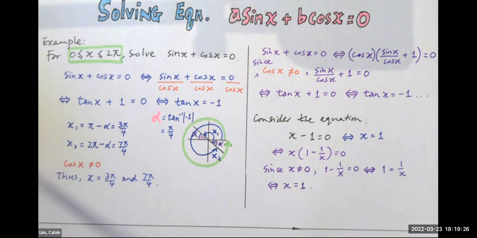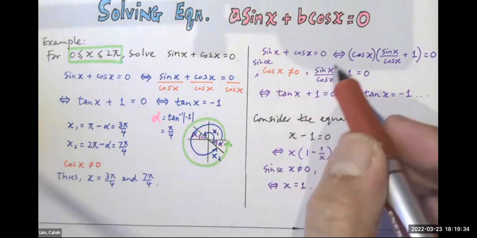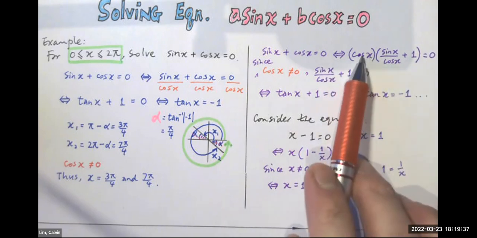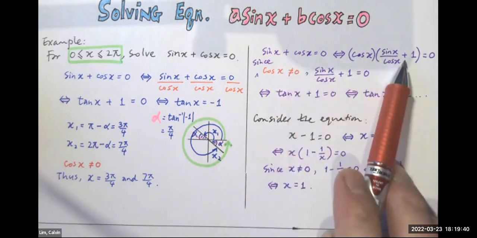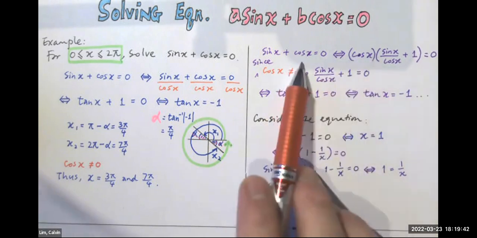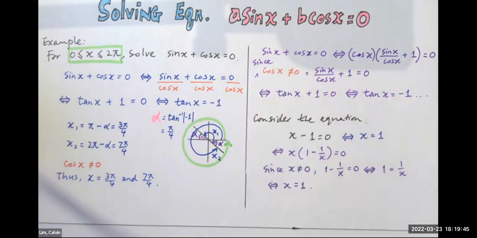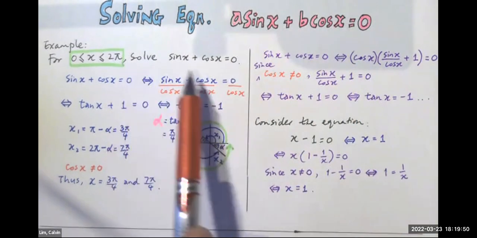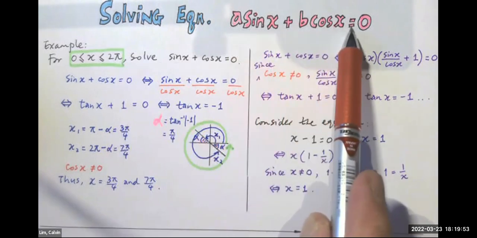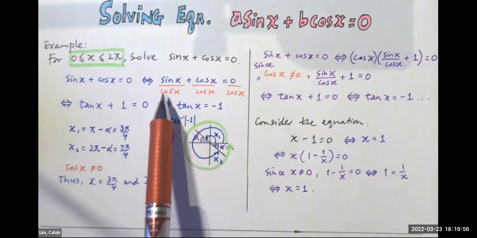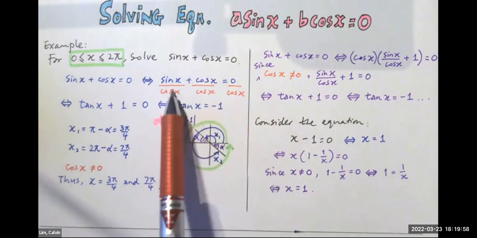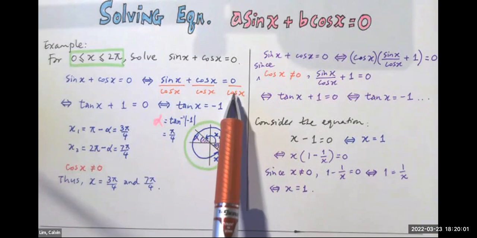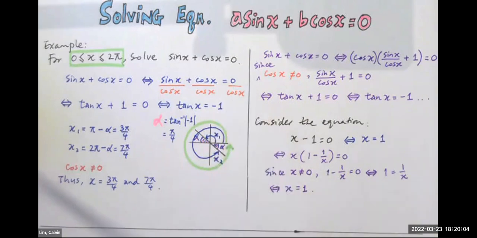So the fact that we can rewrite this equation in its factored form, with one of the factors not being 0, is a valid way of solving this equation. And of course, in the case of a sine x plus b cos x equals 0, we can straight away divide the equation throughout by cosine x, because cosine x equals 0 is not part of the solution.